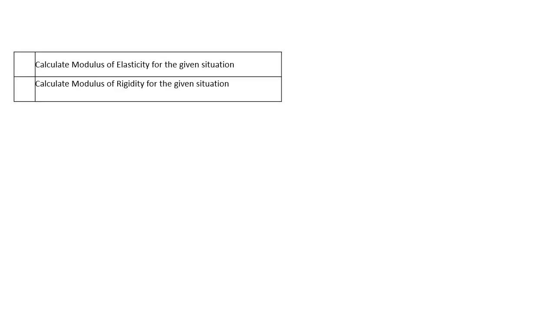So, what we will learn today: calculate modulus of elasticity for the given situation and calculate modulus of rigidity for the given situation. From this topic, key points taken out are modulus of elasticity and modulus of rigidity.